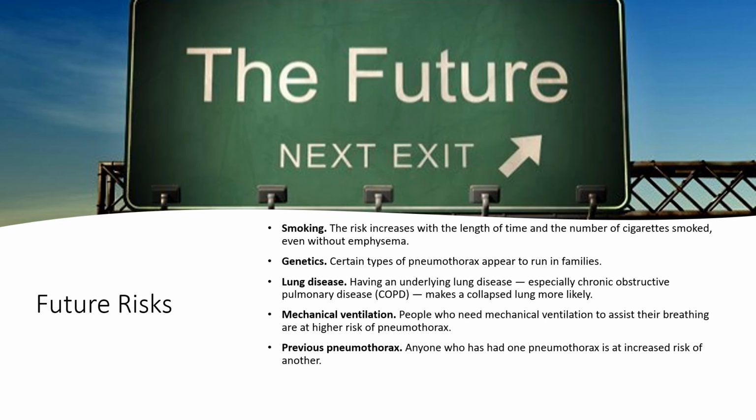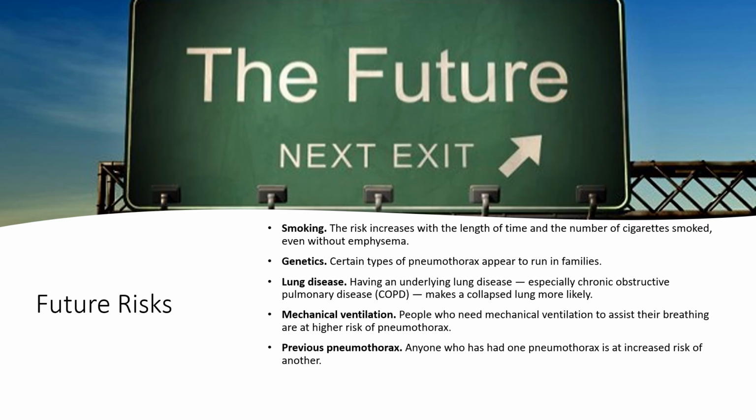And like I said earlier in the presentation, one of those diseases that causes pneumothorax or collapsed lung more often is chronic obstructive pulmonary disease, COPD. Then there's medical or mechanical ventilation.